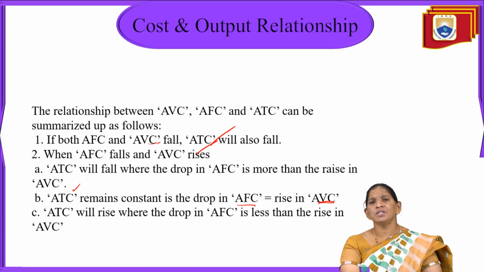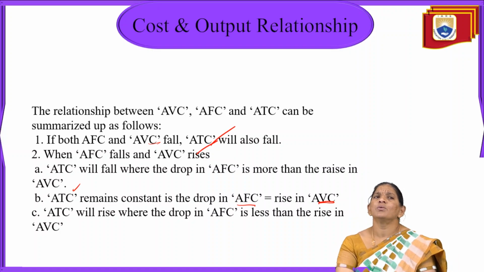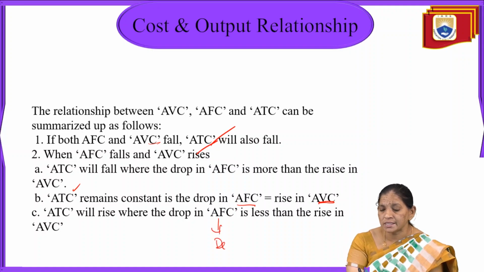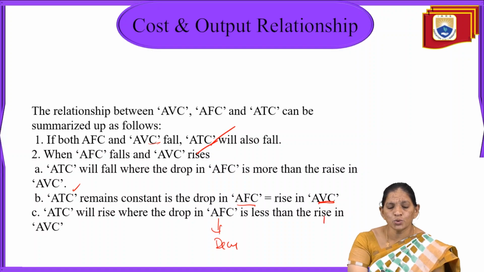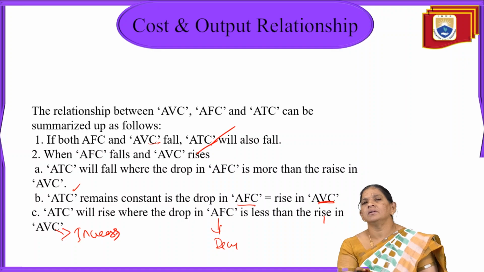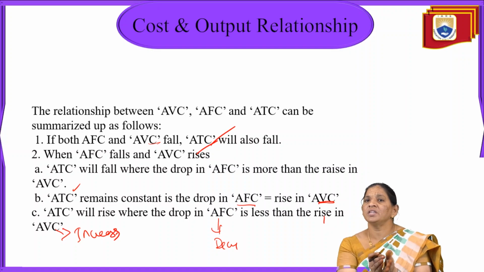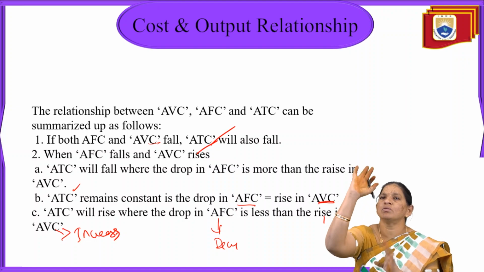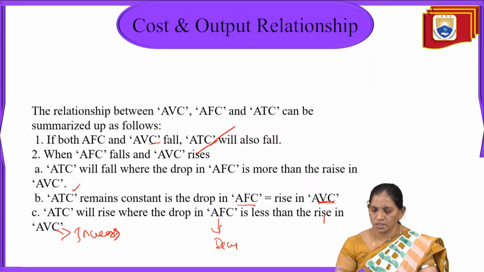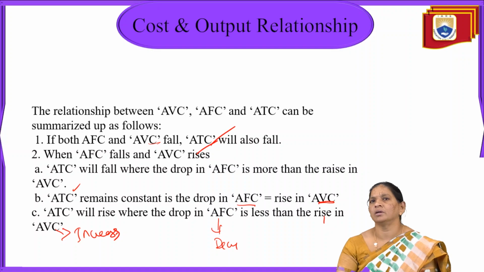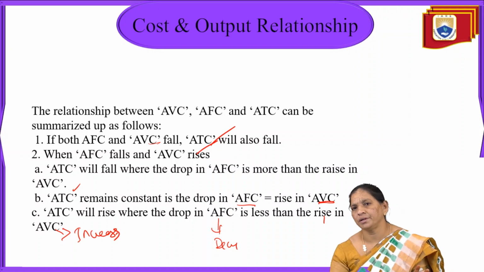So the average total cost will rise when average fixed cost decreases and variable cost increases by more. So this is the summarization relating to the short run cost and output relation.